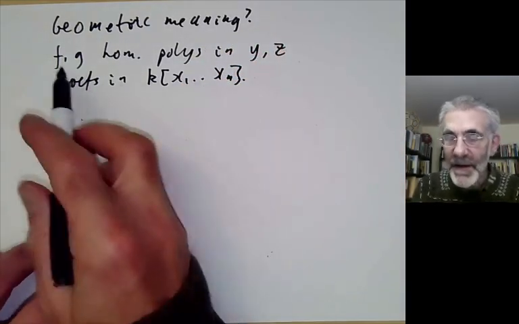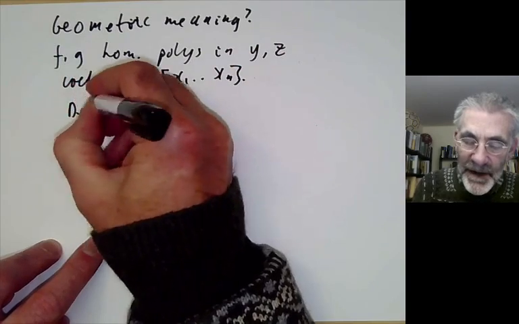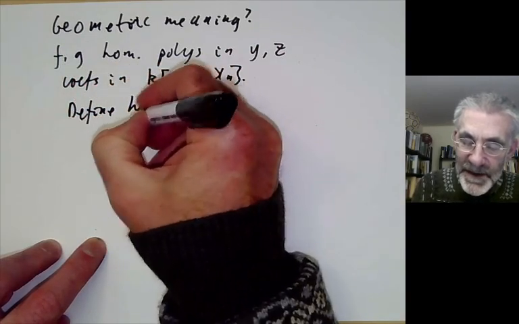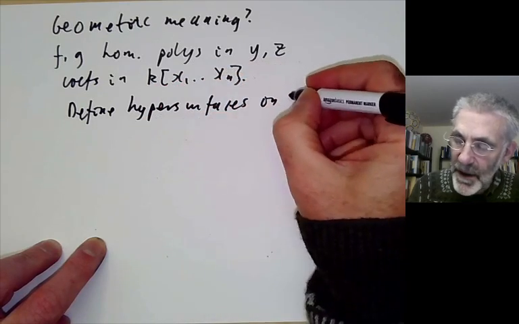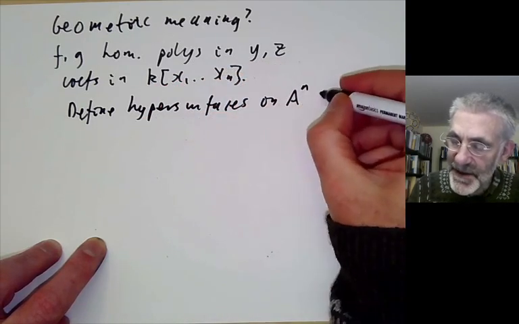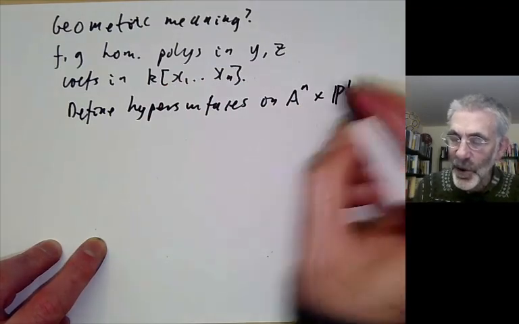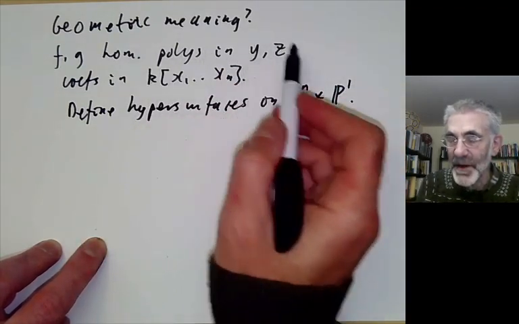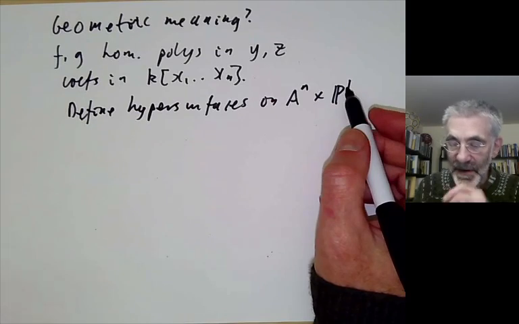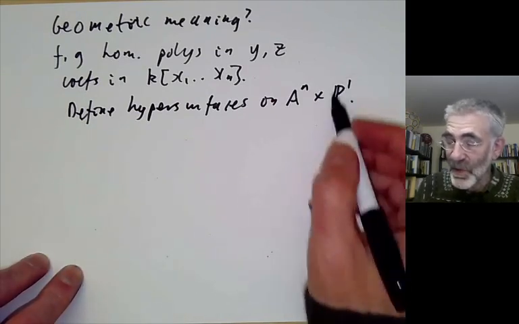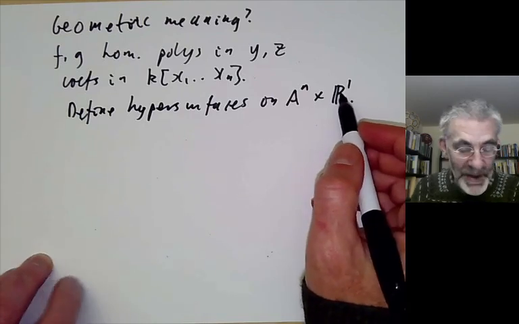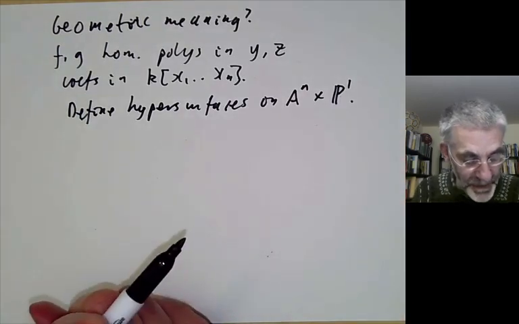So we can think of f and g as defining hypersurfaces on n-dimensional affine space times a copy of P1, because the zeros of a homogeneous polynomial in two variables can be thought of as lying in one-dimensional projective space.